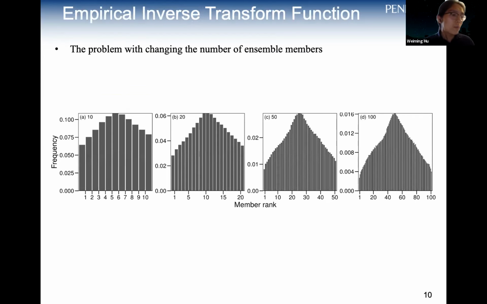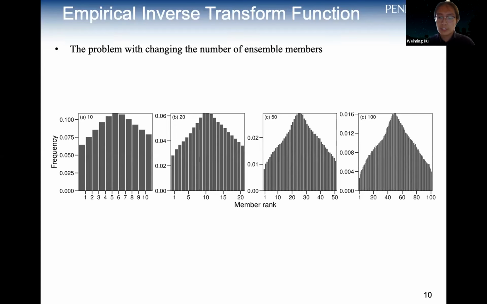So throughout my research, I came upon a problem with analog ensemble and all statistical ensembles. So coming back to the discussion of the over-dispersion and under-dispersion problem, here I'm showing you several rank histograms that are generated using different numbers of ensemble members.